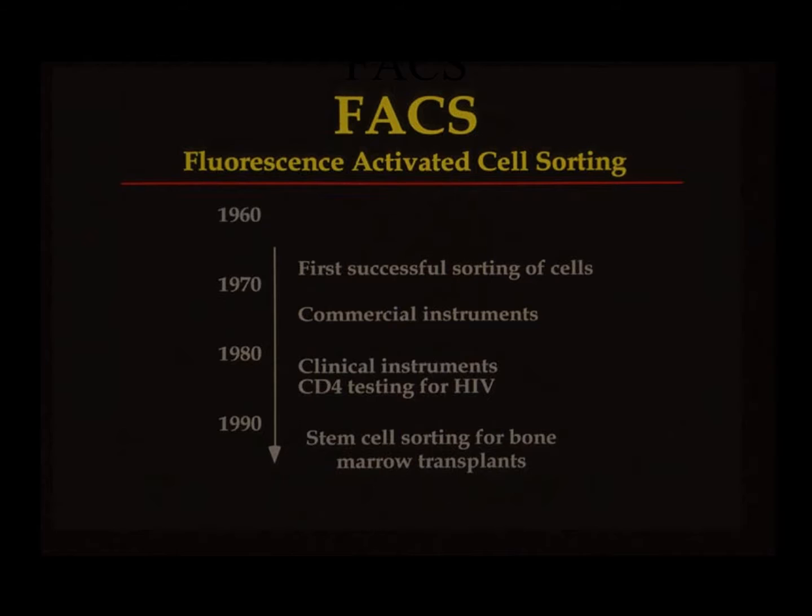And the early history is spelled out here, that the first successful sorting of cells was in 1968. It was published in '69 in Science. And I think it was Bonner was first author, Barrett, I think, Hewlett, and Herzenberg. Barrett was a technician in those days.